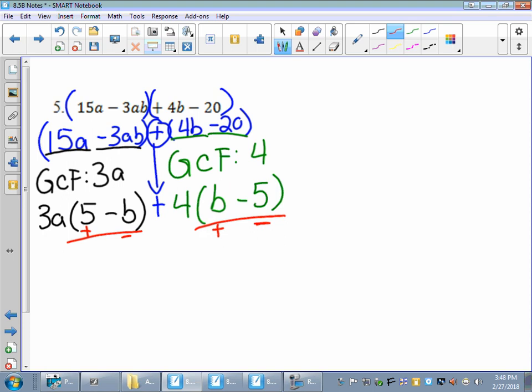So how can I change the signs of one of those? Because that's the only thing that's different between them, right? They both have the b, they both have the 5, they just have opposite signs. In order to do this, I'm going to multiply it by a negative, right? Only instead, I am going to put that negative out here in front of my 4.